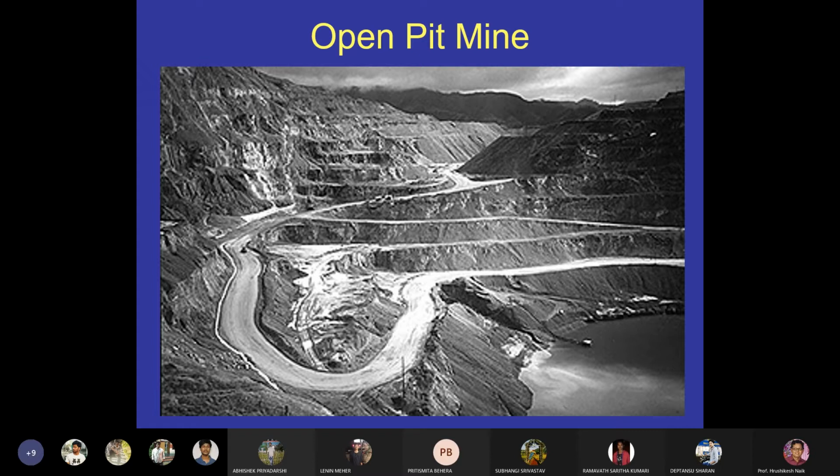So this is the bottom of the pit, and the mining of the minerals is going on, and the mineral is transported with the help of a truck or dumper through this haul road, and this haul road goes to the surface, and these are called your benches.